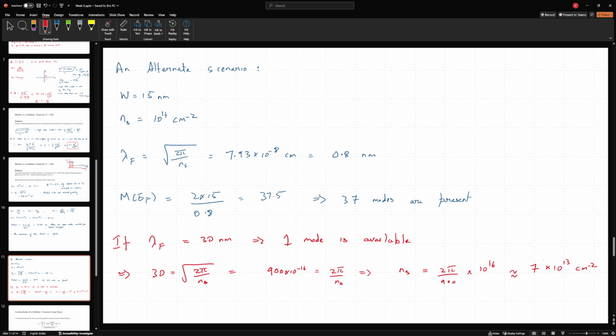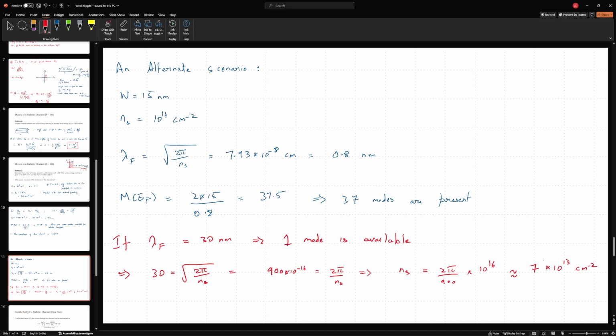So this will give us an idea as to what kind of materials we want to use, because all materials cannot provide this many electrons. If we took something like intrinsic silicon, where the value was 10 to the power 10, then we found that the resulting channel will not conduct any current at 0 Kelvin. So there is going to be what is called a carrier freeze out.